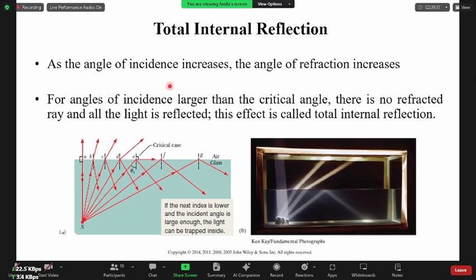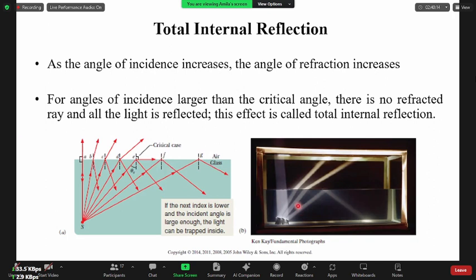As the angle of incidence increases, the angle of refraction increases. When the incident angle is larger than the critical angle, there is no refracted ray and all the light is reflected, like this. This effect is called total internal reflection.